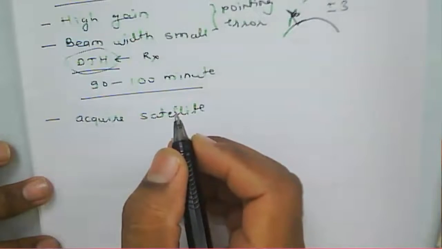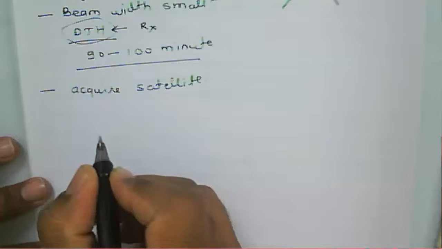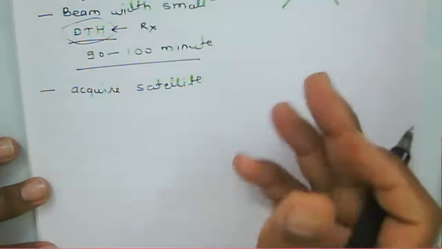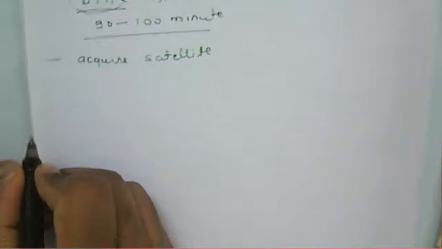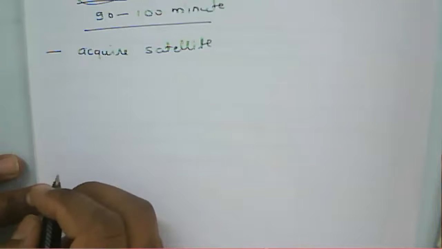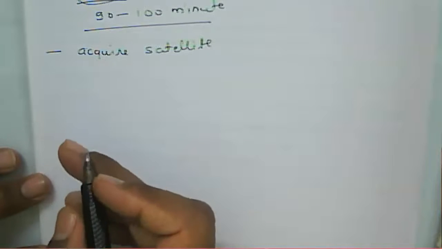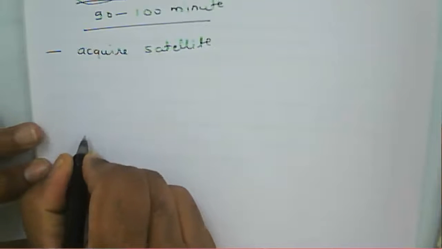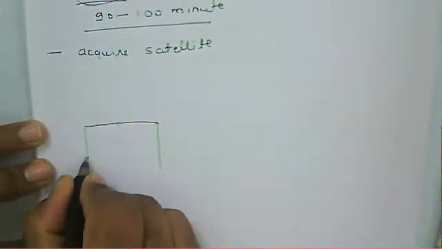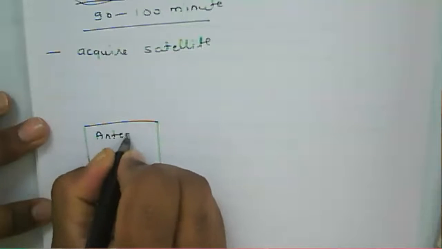We can track the satellite either manually or with program tracking. Now if you look at the block diagram of tracking, why tracking is necessary and how it works, in general we consider an antenna control system.